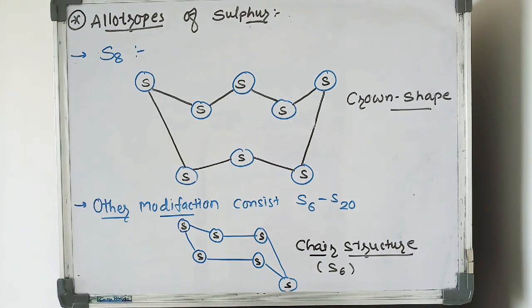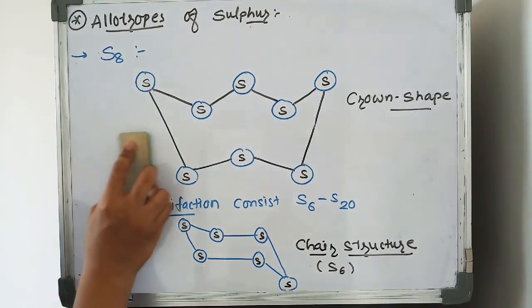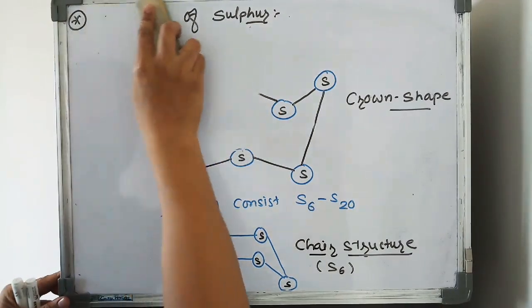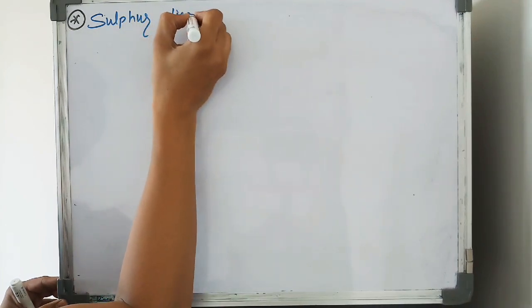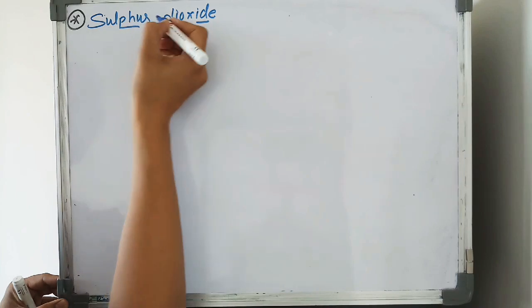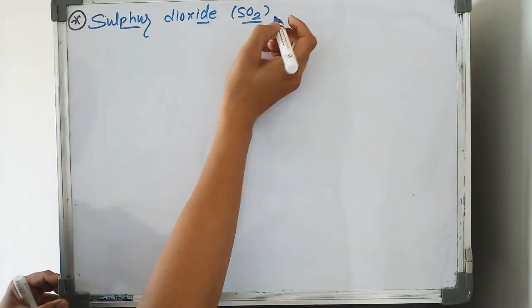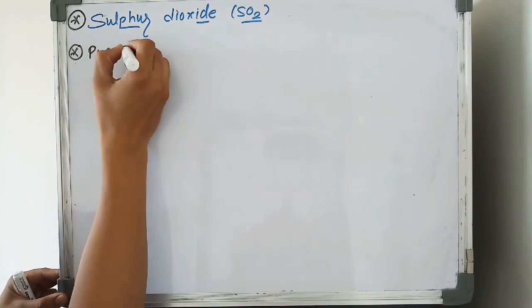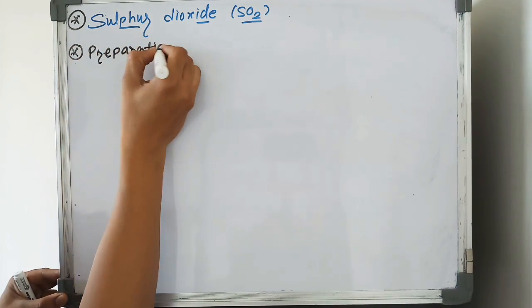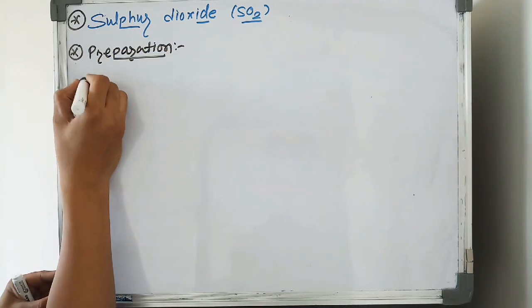Now the next is sulfur dioxide, SO2. First we study the preparation of sulfur dioxide, how sulfur dioxide is obtained.